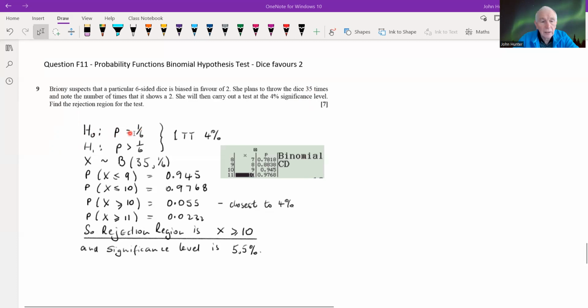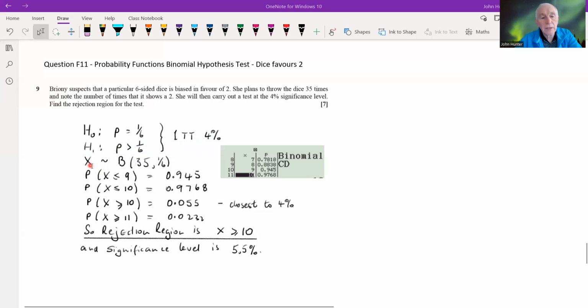Our alternative hypothesis: she believes it's biased towards 2, so the probability is greater than 1/6. And that would lead us to a one-tailed test. Note this greater than here, one-tailed test of 4%.